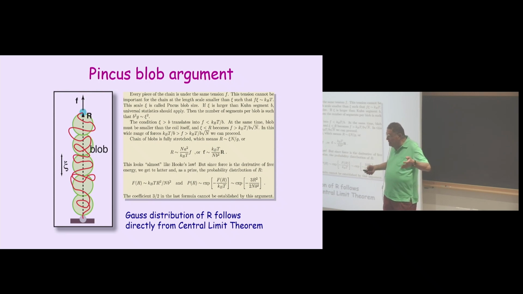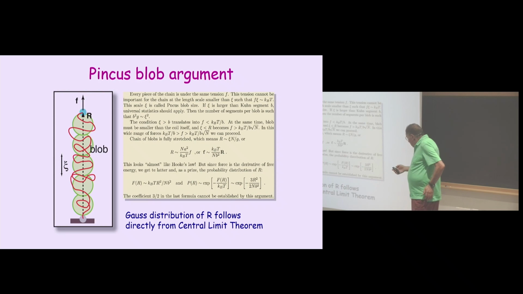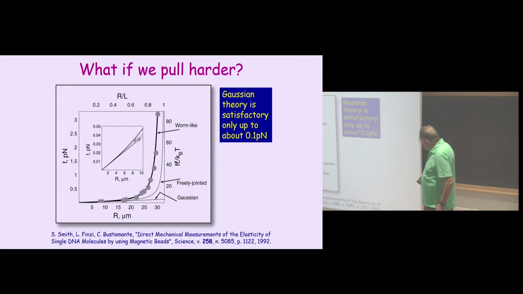It's entropic force. It's not due to energy, due to collision of atoms. It is due to the fact that when you pull, you iron out wiggles. The more you pull, the more you iron away the wiggles. And indeed, if you pull and you change R, the force shoots up.